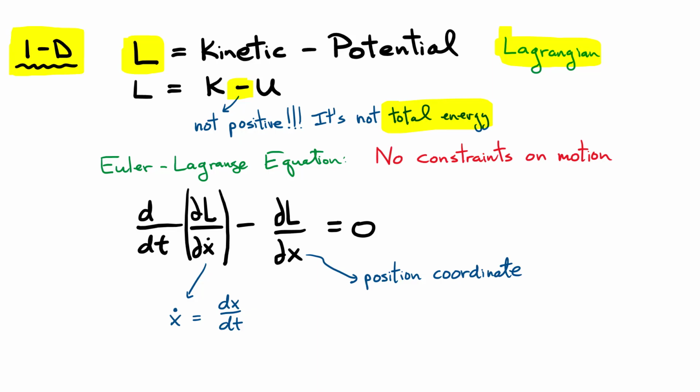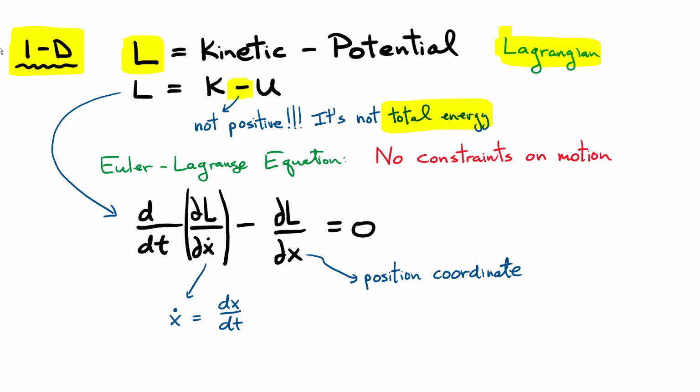Now, once we've defined this Lagrangian, we're going to substitute it into something called the Euler-Lagrange equation, and this is what it looks like. You have to take derivatives of this Lagrangian with respect to two variables. First, you take a derivative with respect to the velocity terms. This is dL over d x dot. There's a dot on top of the x.